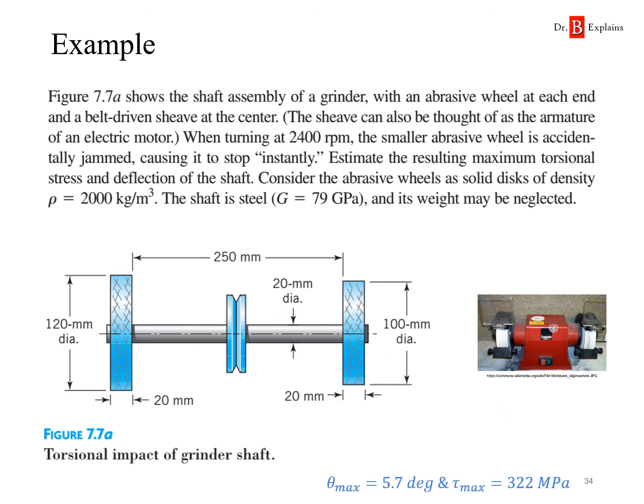Again, I'm not going to go over it. I don't even have homework for you to practice, but you have the equations on the prior slide. If you want, you can give it a try and see if you get the same deflection angle and torsional stress.